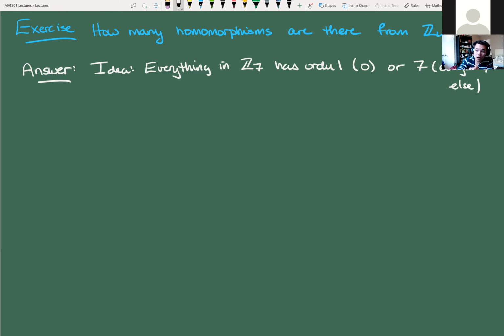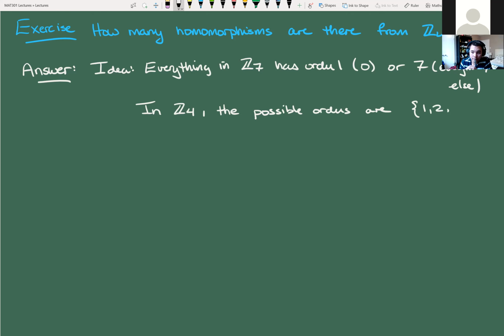So now what are the possible orders of elements in Z4? Anyone remember? 1, obviously the identity element has order 1. Nobody remembers, eh? Okay. Very close. 1, 2, but not 3.